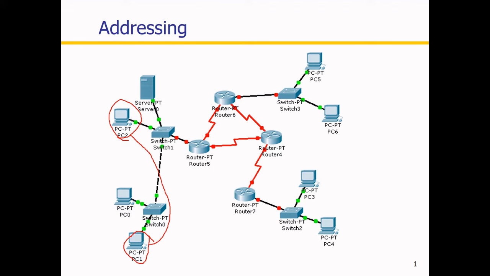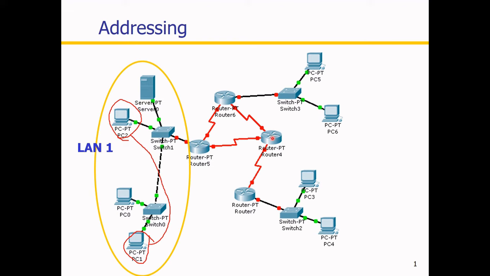So how do we exactly identify the networks? Now remember guys that every interface of the router is a separate network, okay? So look at router 5 and you see this interface or port. This entire thing is going to be a network, okay? So this is a network itself, all right? And you see this interface over here, this is going to be another network, this is going to be another network, okay?